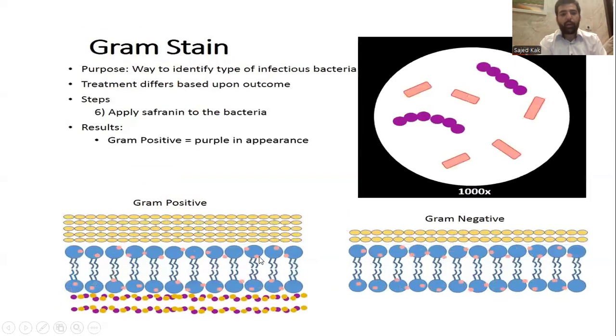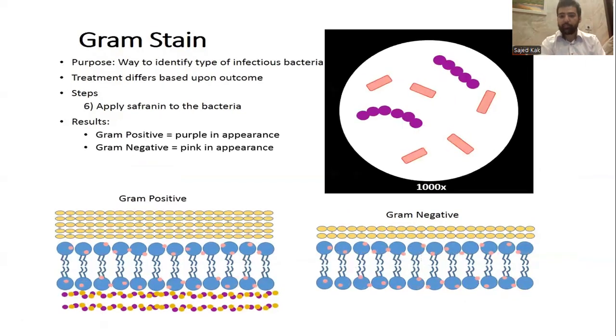So at the end, the result in gram-positive is a purple appearance. Why is that? Because the pink color is masked by the purple. The purple is the dominant color. That's why it appeared in gram-positive, while in gram-negative, there is actually no presence of crystal violet.